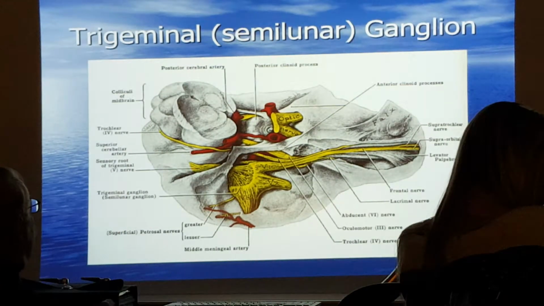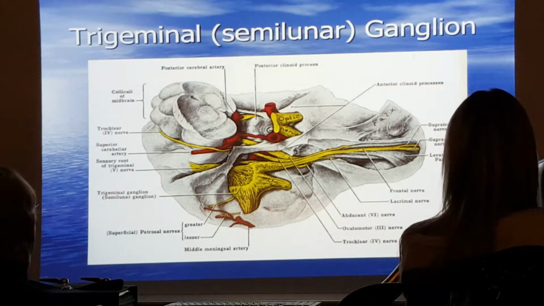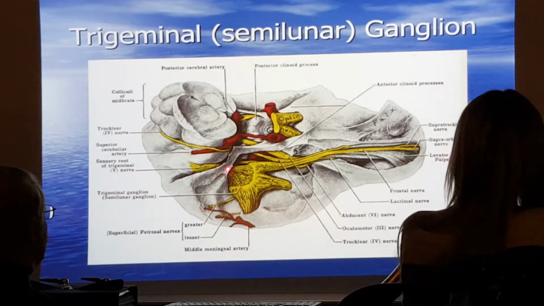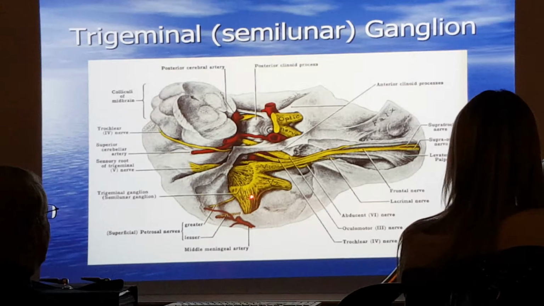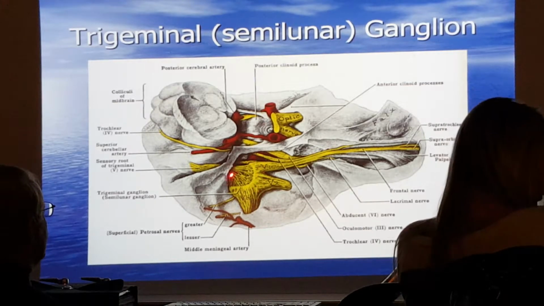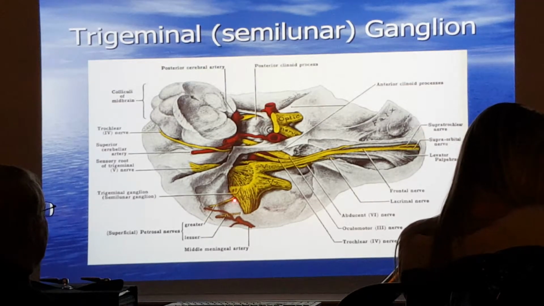And here's a great picture, and one of the words I was going to write on the blackboard that we're adding to the lab is, here we have the sensory root, one of the roots of the trigeminal nerve, and all the roots of the trigeminal nerve come together in this big structure called the semilunar ganglion. So if I show you this picture, what should you write on your quiz?